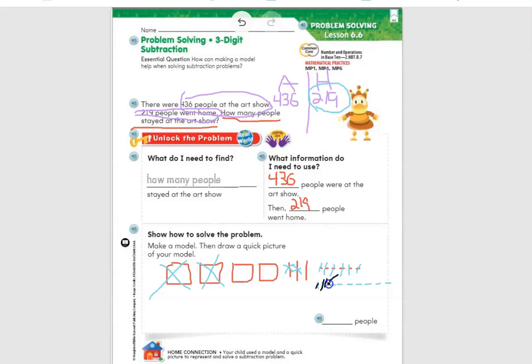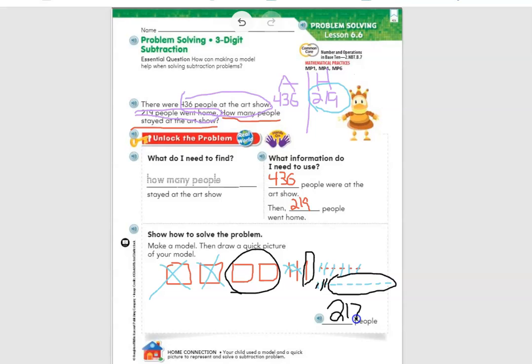So let's see what we have left over. We have these ones that remain. We have this 10 that remains. And we have these hundreds that remain. So if I have 436 and I take away 219, I have 100, 200, 10, 11, 12, 13, 14, 15, 16, 217 people remain.